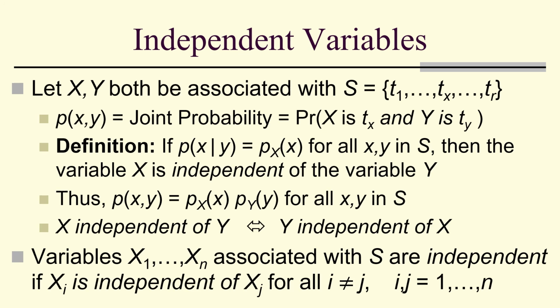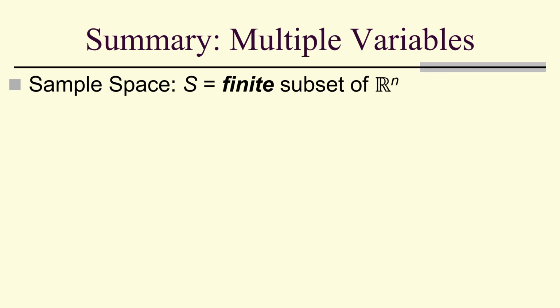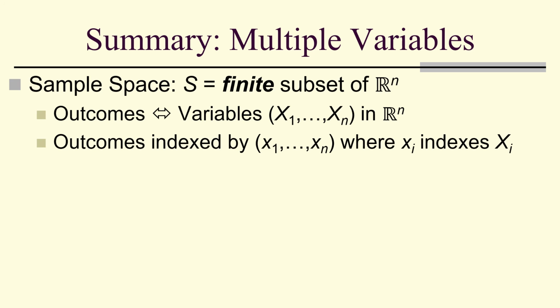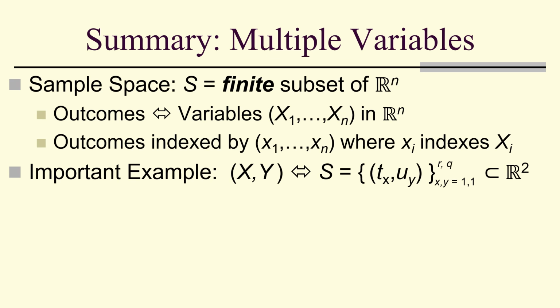And the variables x1 to xn associated with S are independent if xi is independent of xj for all i not equal to j. So in summary, multiple variables is when we have a sample space that's a finite subset of Rn. Outcomes are variables over S in Rn, indexed by lowercase x1 to xn.